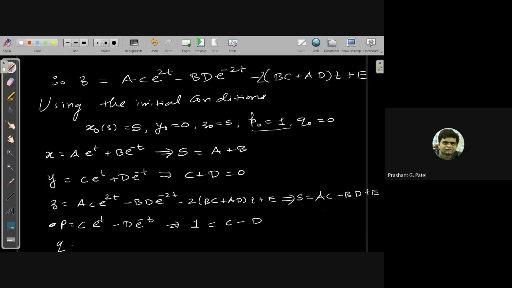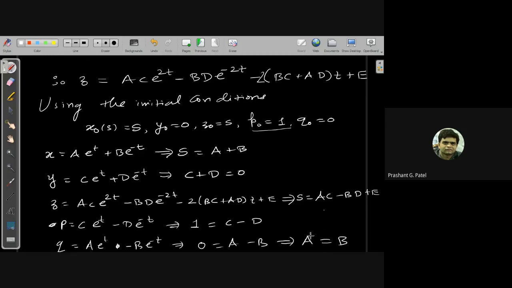And lastly we have q equal to a e^t minus b e^(-t). If I substitute t equal to 0 here, and q is already 0, then 0 is equal to a minus b. So this implies a equal to b.